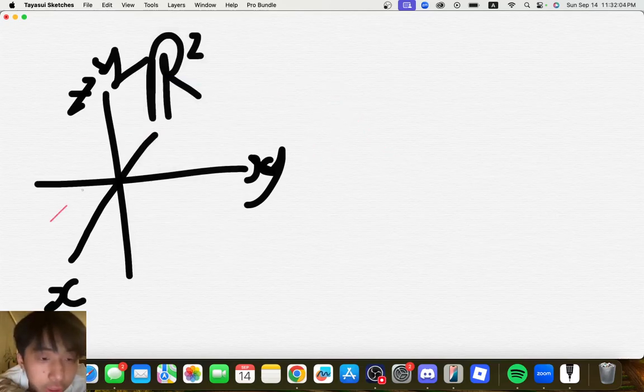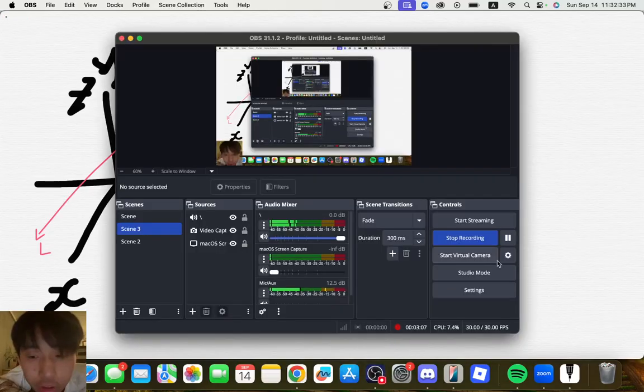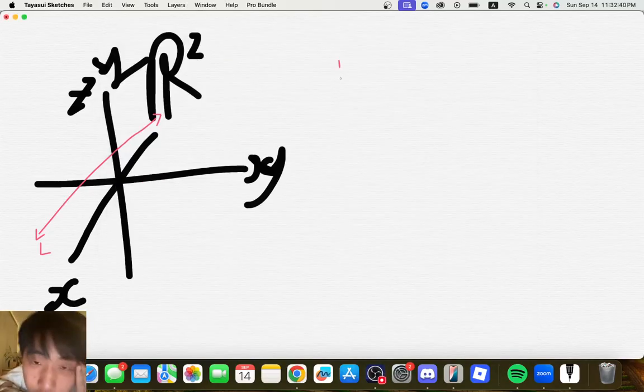So we have a line. So this is our line, right? Call it L. And the way we would define this line, hold on, I forgot the notation. Okay, yeah, so the notation for any vector function is usually R of t.